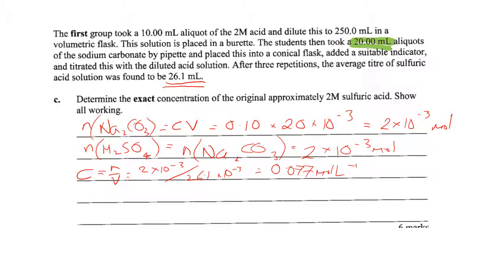You could do C1 V1 equals C2 V2, but basically all you're doing is saying that C original is just 0.077 multiplied by a dilution factor, which is 25 times, because we went from 10 mils to 250 mils. So we plug that in, times 25, and I get about 1.92 moles per litre.